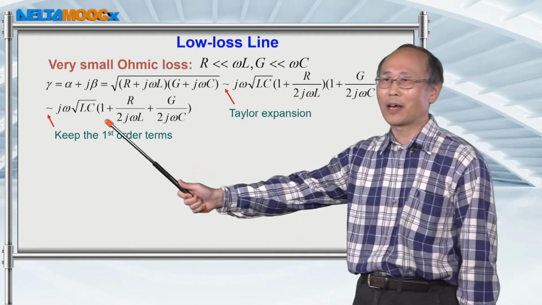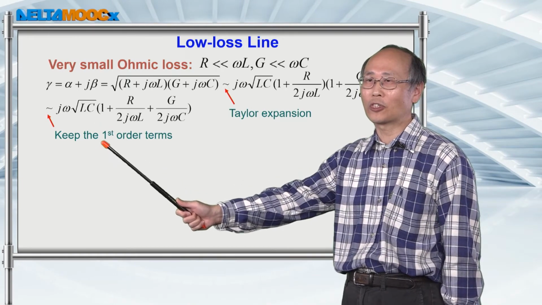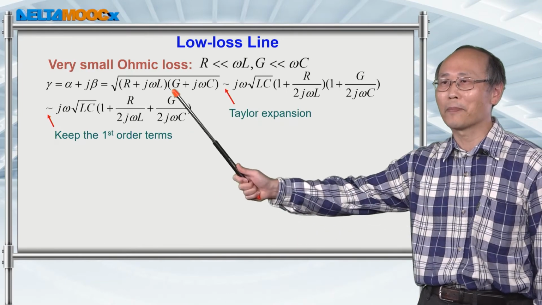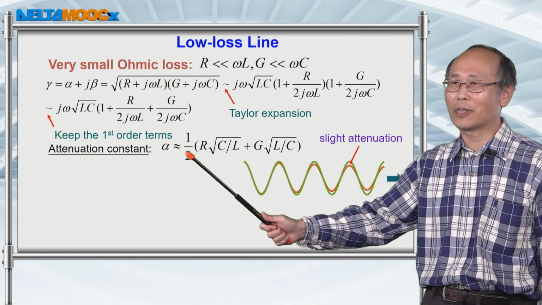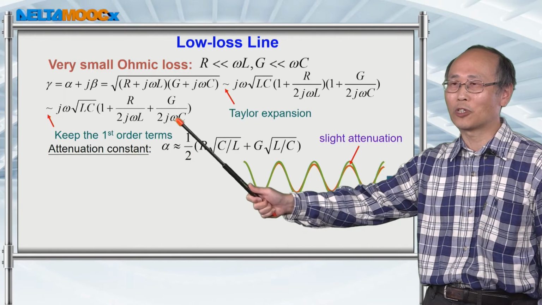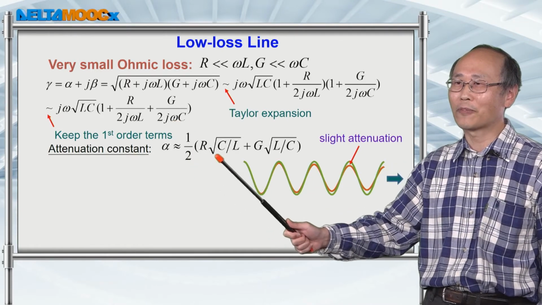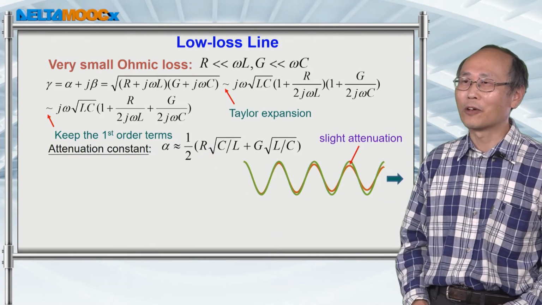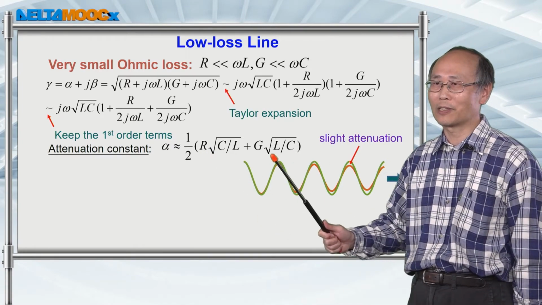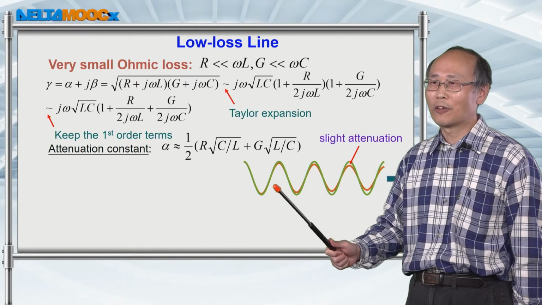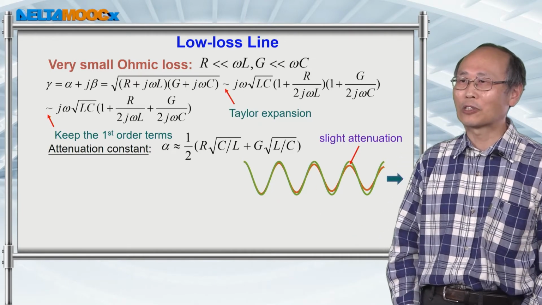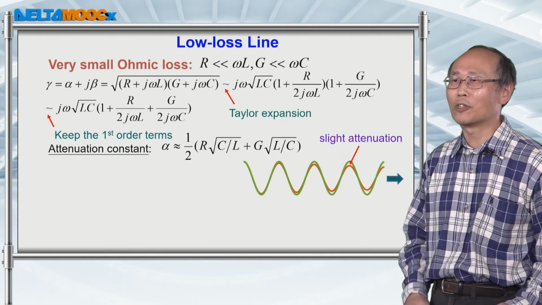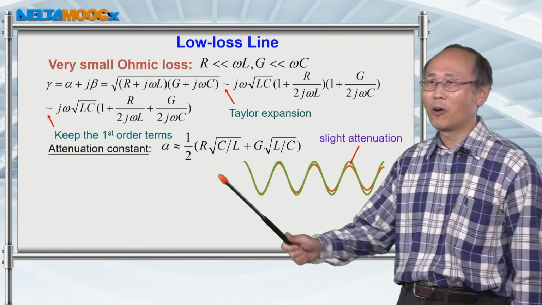So you have this result if you just keep the first order terms from the Taylor expansion of this gamma. Then you can separate alpha and beta from this expression. For alpha, you do have a small value that is proportional to the resistance and also the conductance. This means that if you propagate a signal on this transmission line, the signal will be attenuated a little bit during propagation.